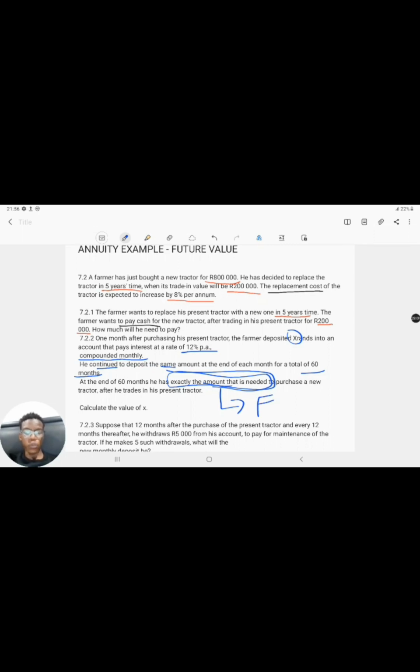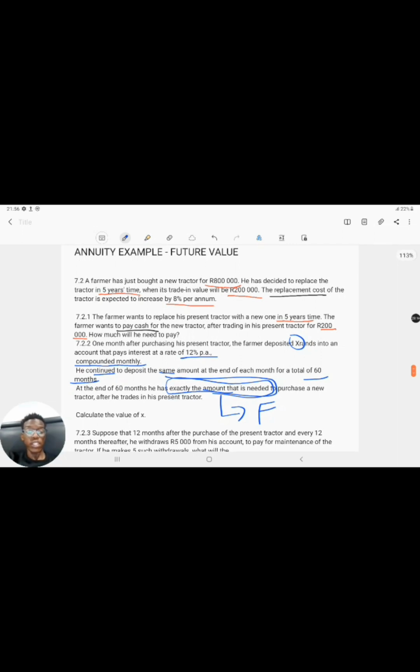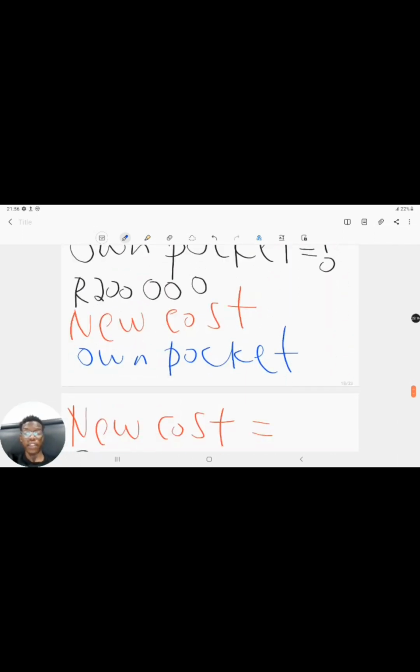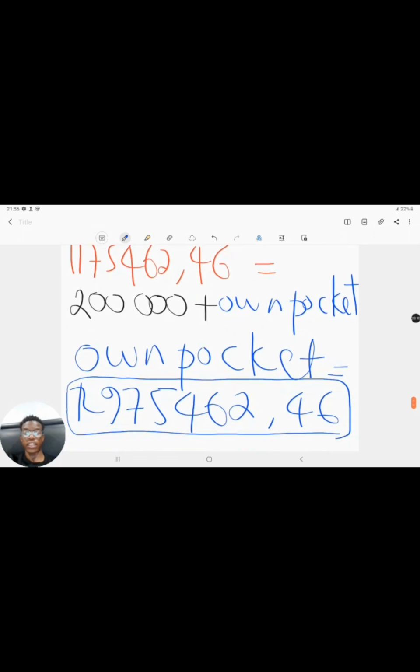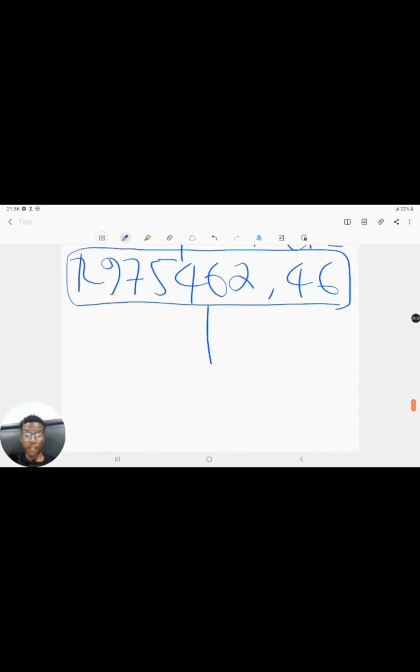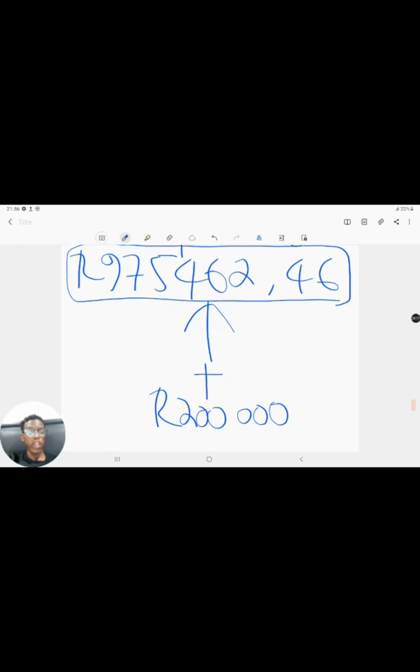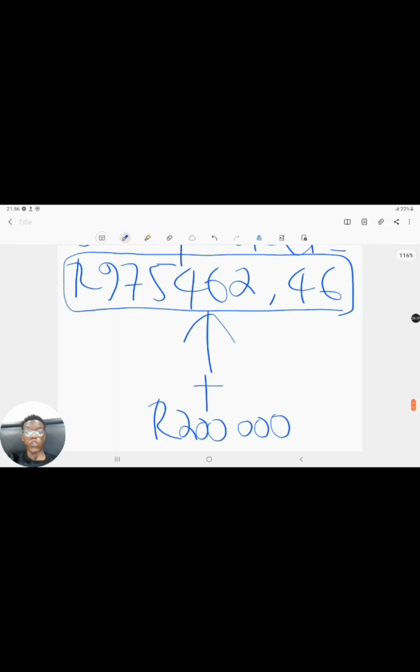That amount is our future value, and we just calculated it. That amount that he needs to save up in order to be able to buy the new tractor is the value that we just calculated. He needs to save up 975,462 rands and 46. This is how much he needs to save up in order to add this value to the 200,000 that he will have gotten from selling the tractor in order to afford the new tractor.